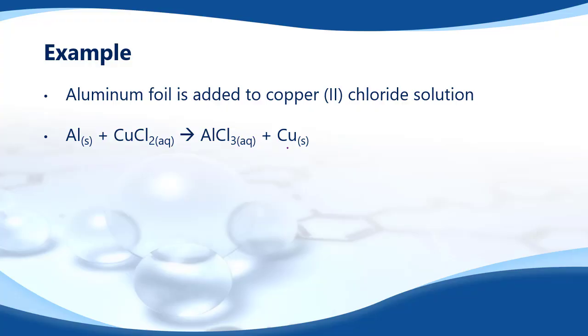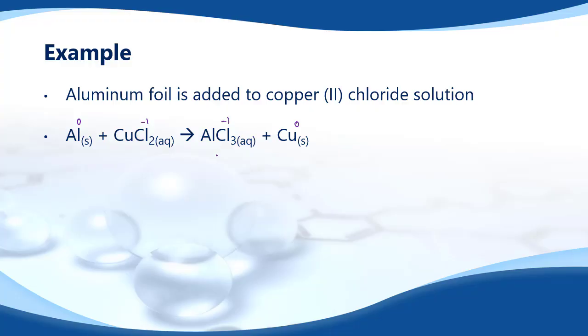So now what we're going to do, first step from this equation, we're going to assign oxidation numbers. First rule, all pure elements are 0. So aluminum by itself is 0. Copper by itself is 0. Next rule, monatomic ions are always their charge. So chloride right here is -1.